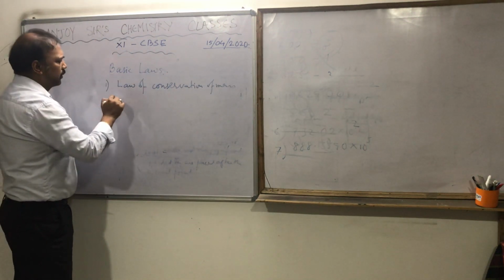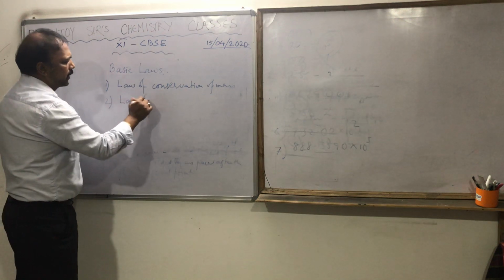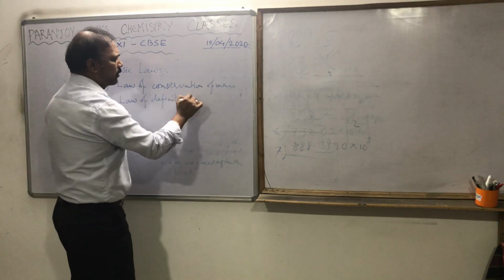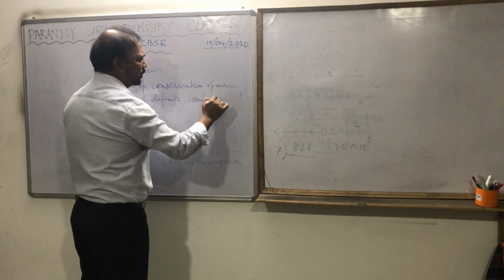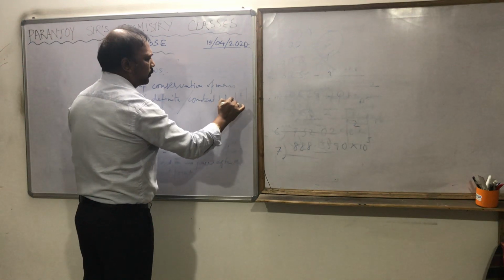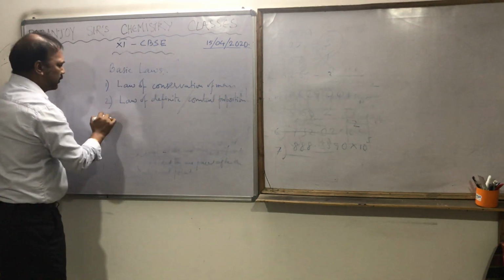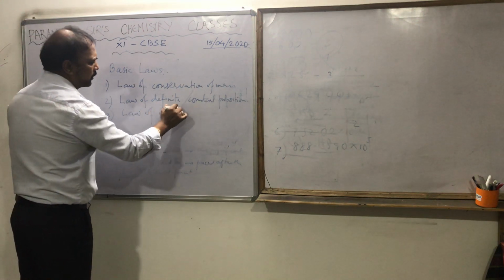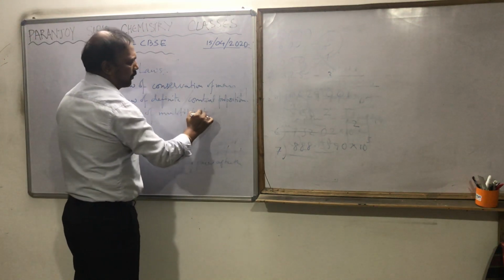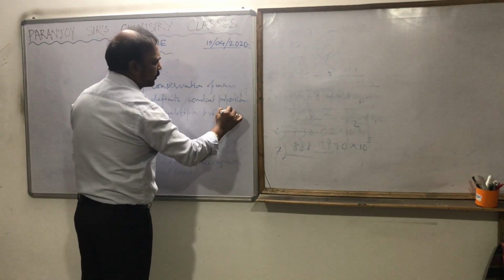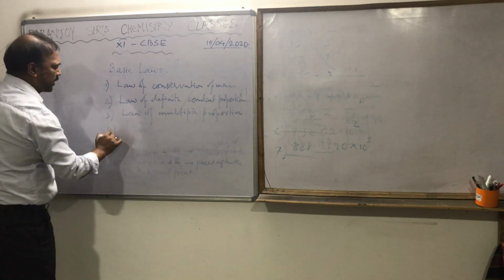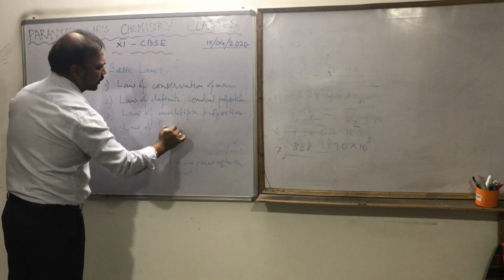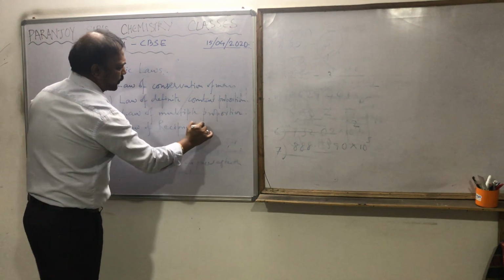Number 2, law of definite proportion, or we also call it law of constant proportion. Number 3, law of multiple proportion, and number 4 is law of reciprocal proportion.